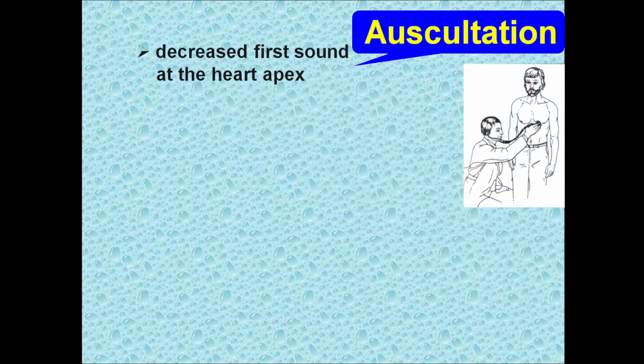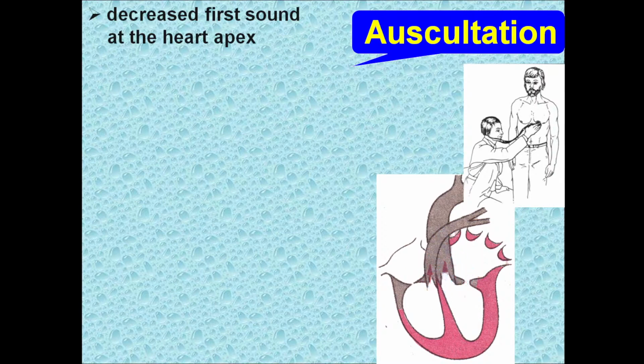On auscultation, we are talking about a mitral heart defect, and the main picture will be over the heart apex. The first sound will be decreased because both its components are affected.